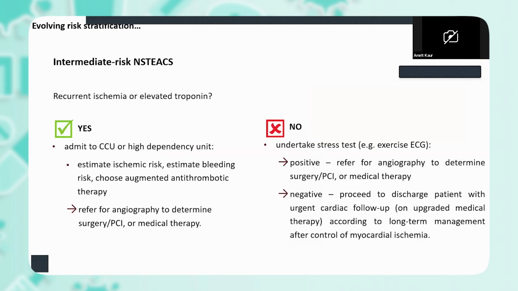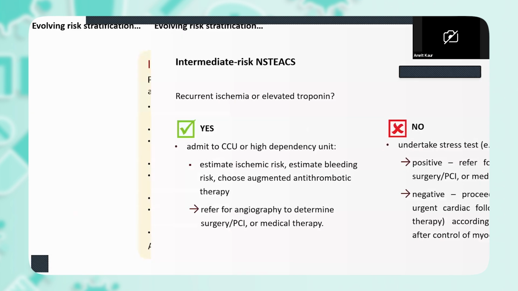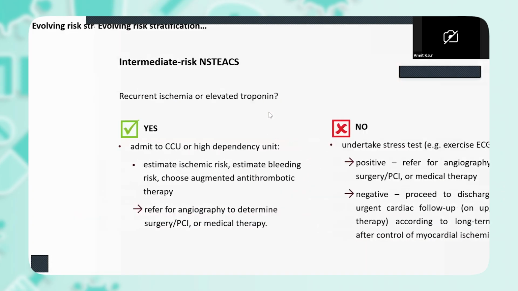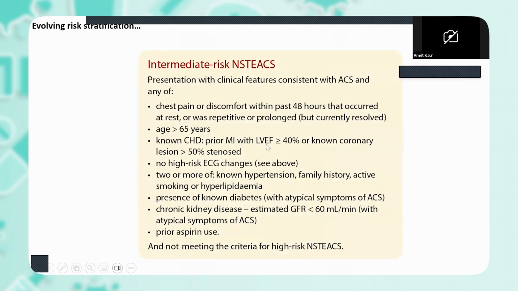This is a bit confusing. Sorry about that. Patients with intermediate risk factors, same, whose chest discomfort or pain is persisting, who have a previous MI, who have history of hypertension, family history, active smoking, hyperlipidemia, who are diabetics, who are prior using aspirin. These patients are basically intermediate.